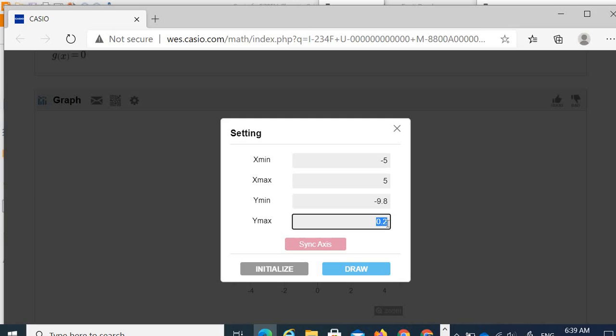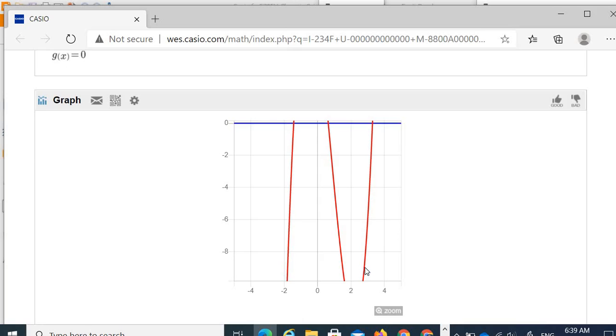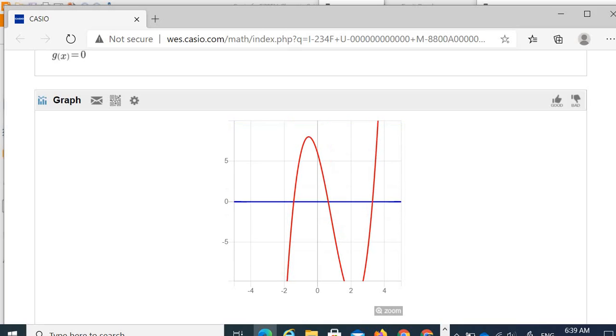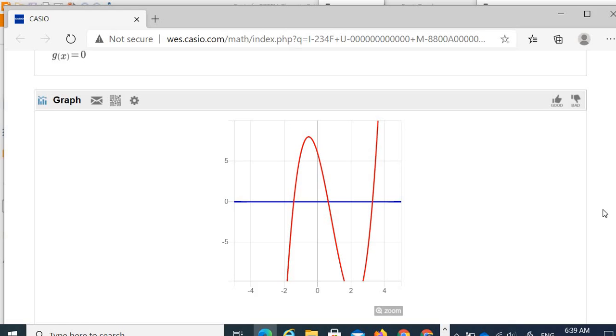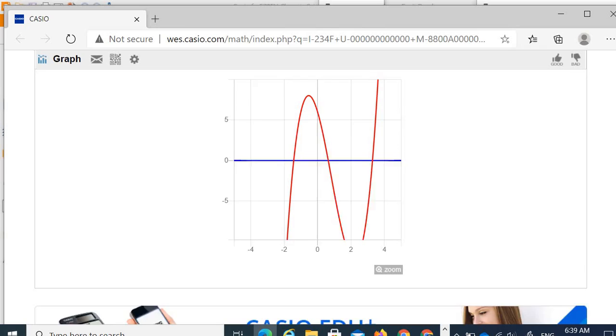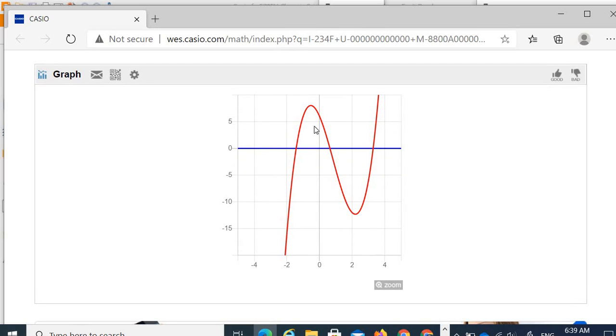We can change the graph maximum, so now you can see it better.